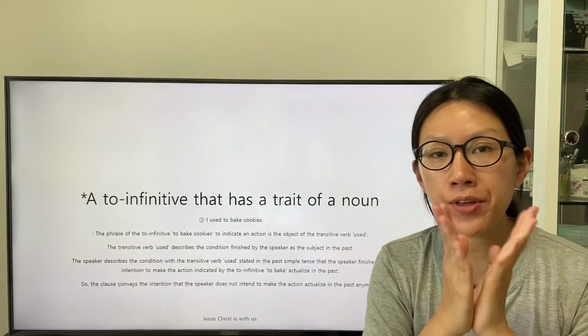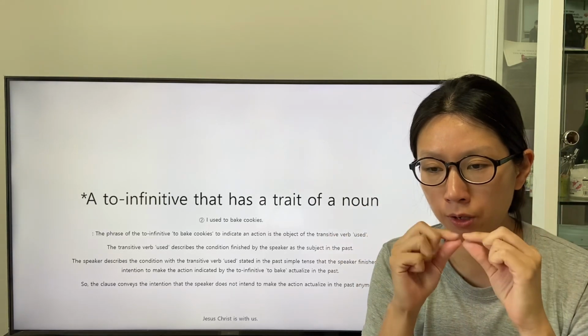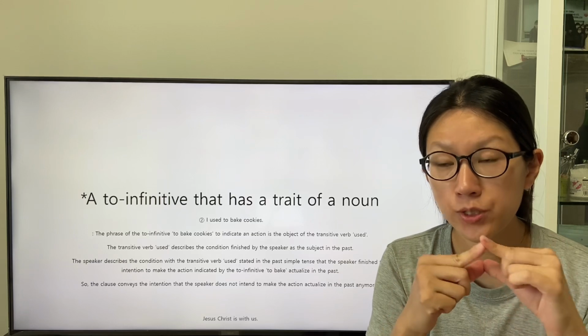Let's preview the application of the modal verb should.